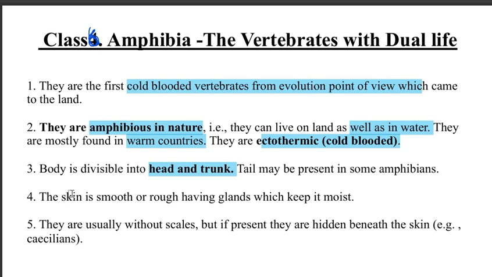The skin is smooth or it can also be rough due to the presence of some glands, which help in keeping the skin moist. They are usually without scales, but in case scales are present, they are hidden beneath the skin, for example in Caecilians. Caecilians are an order of the class Amphibia, which contains the snake-like amphibians.